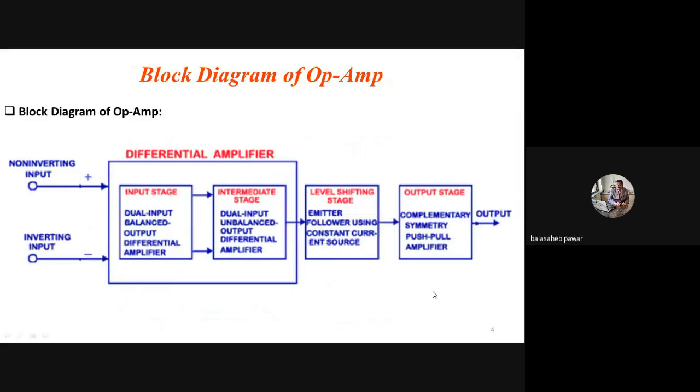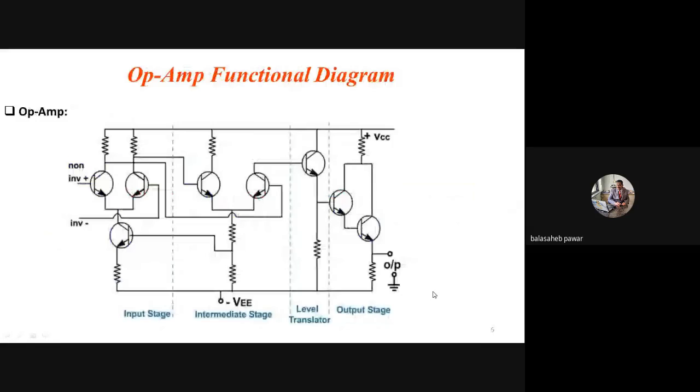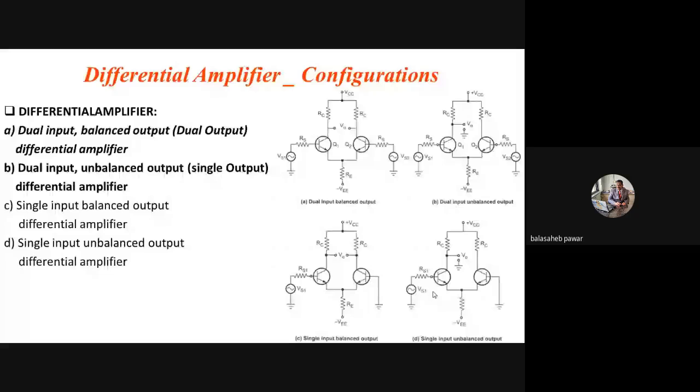Okay. Now, basically there are four types of differential amplifier. The first is dual input, balanced output, or we can call it dual output also. See, I mentioned it over here. There are four types: dual input, balanced output differential amplifier, or dual input, unbalanced output.